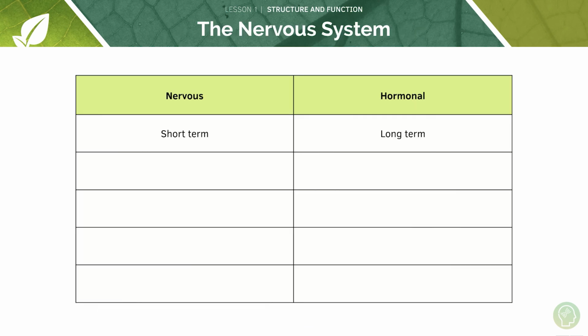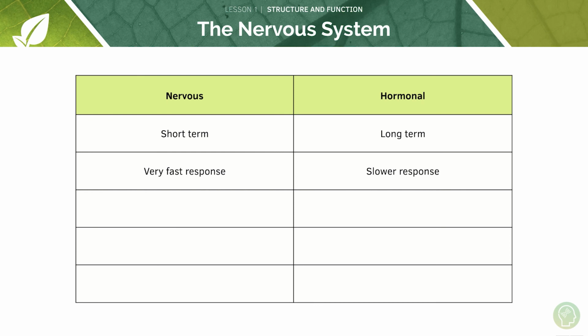So, first of all, let's just contrast two systems of the body. So we have the nervous system and the hormonal system. So nerve impulses create very short-term effects, whereas hormonal communication can often create more long-term chronic effects.